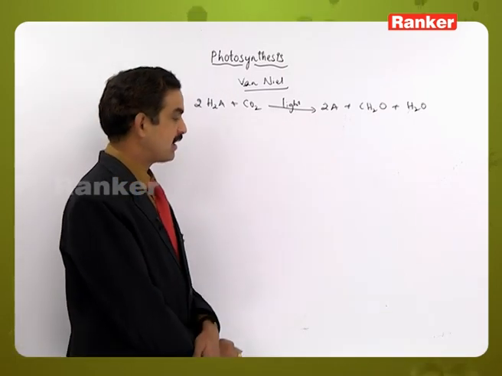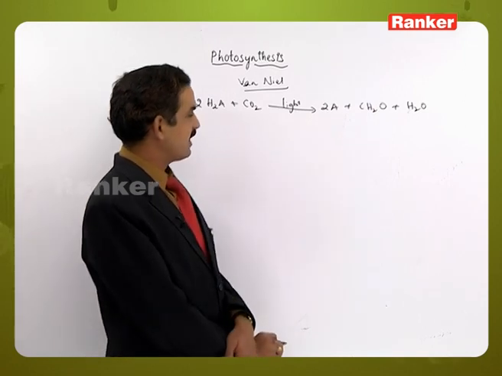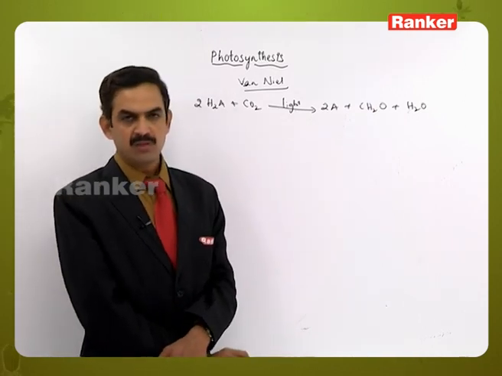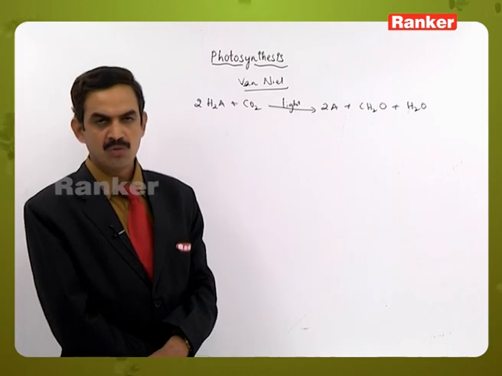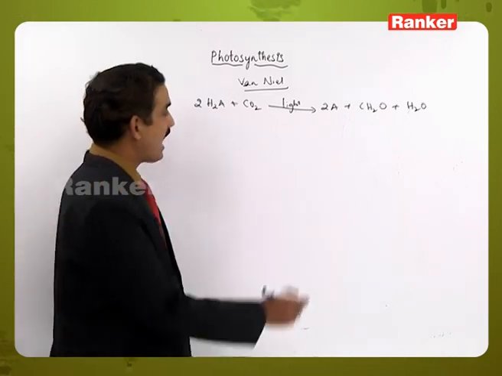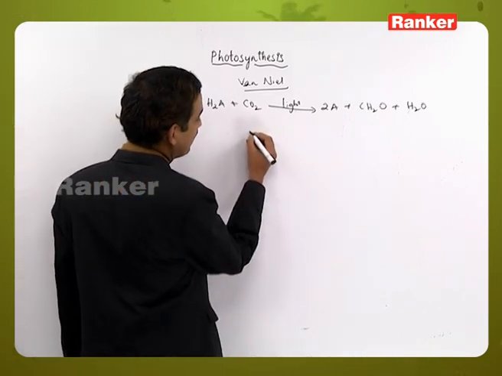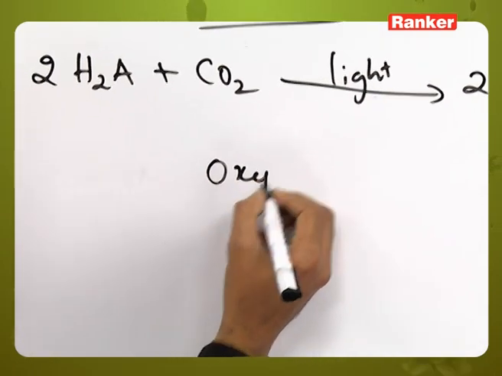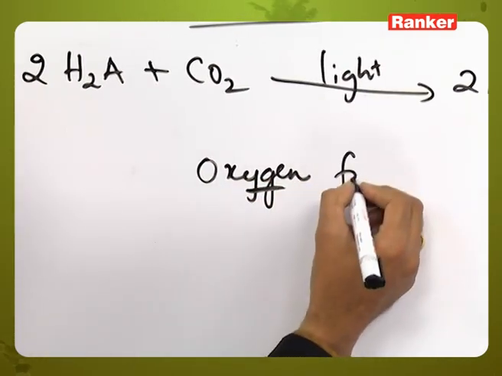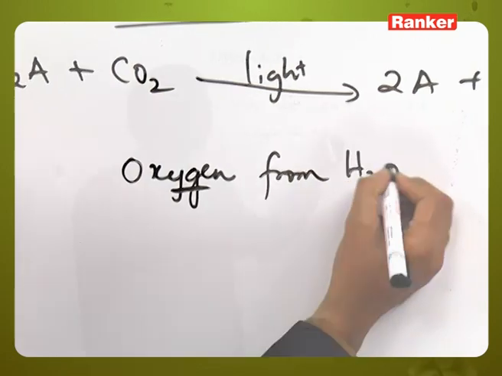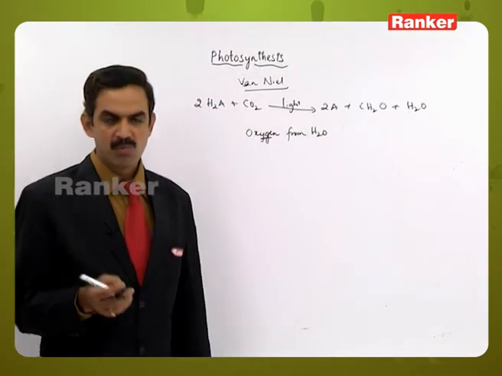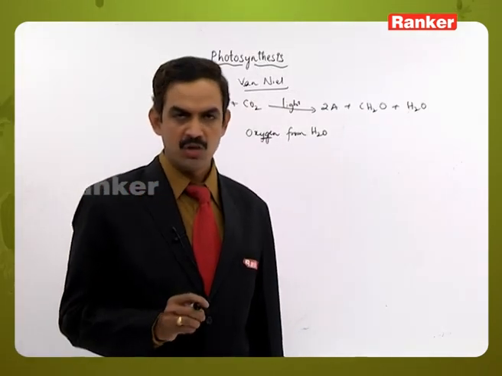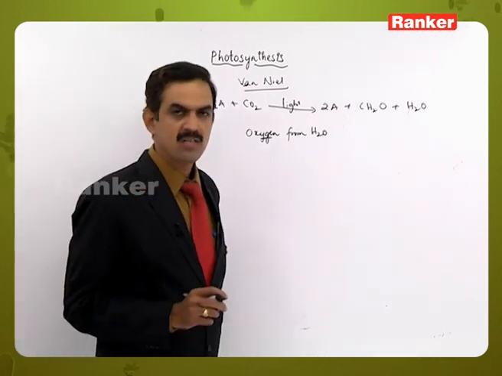So this shows that carbon dioxide is used in the formation of a glucose molecule or the carbohydrate, and the oxygen which is released in the actual photosynthetic process of the normal plants is coming from the water molecule, but not from the carbon dioxide molecule.